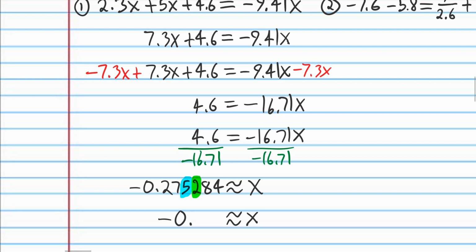So the green number is less than 5, which means we round down. So we keep the blue number the way it is, and the green number and all the numbers to the right of the green number become 0. And remember, when you have ending zeros to the right of the decimal, you can just get rid of those. So our final answer is negative 0.275.